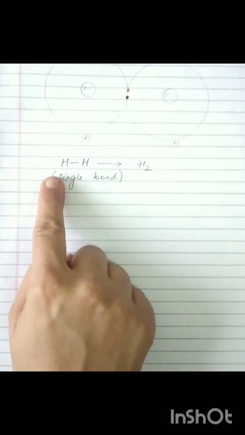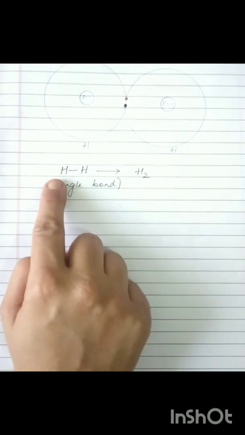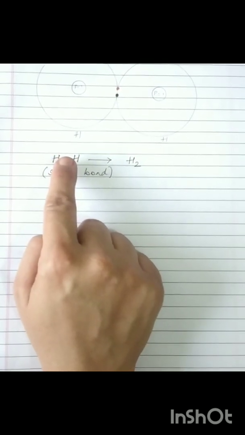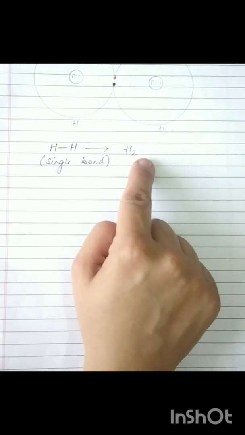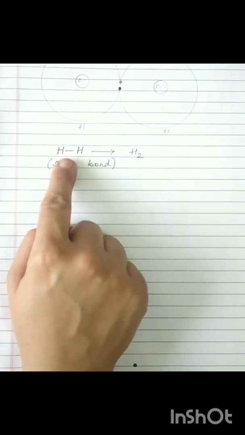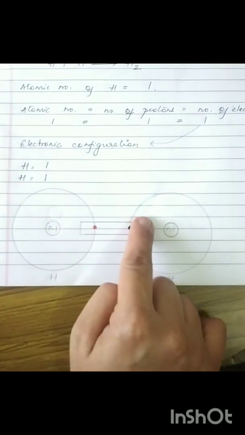This is one hydrogen atom and this is the other hydrogen atom. They share 1 electron, forming a hydrogen molecule, and this type of bond is known as a single bond. Now you may be thinking that they are sharing 2 electrons. They are not sharing 2 electrons. This is sharing 1. This is also sharing 1. See, how many bonds have I formed? Only 1. So this bond is known as a single bond.